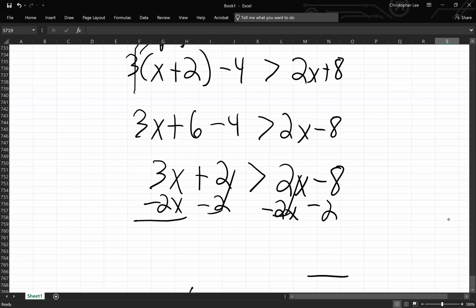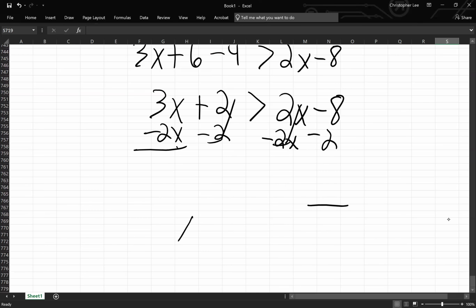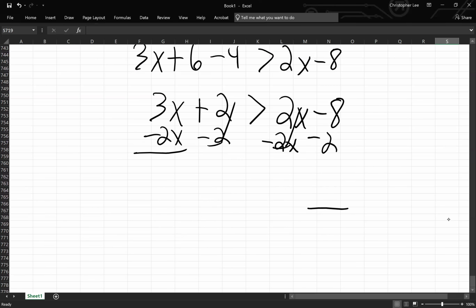I don't know why this is acting up like this. So x is greater than 6.